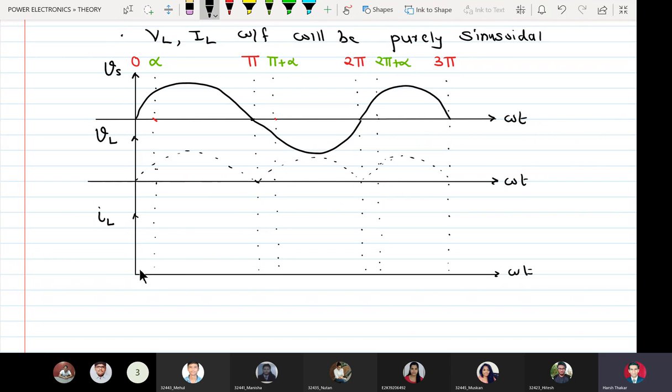IL will be a scaled down version of the load voltage waveform because current is equal to voltage divided by resistance, so IL is VL upon R. It is simple now.